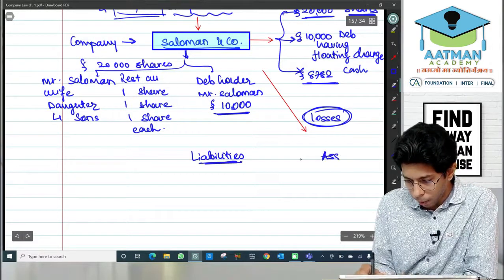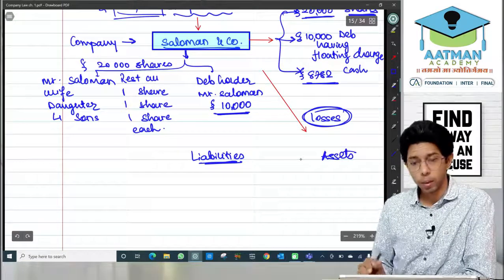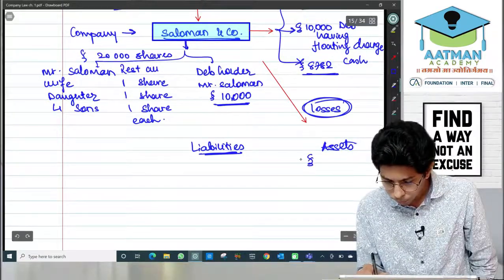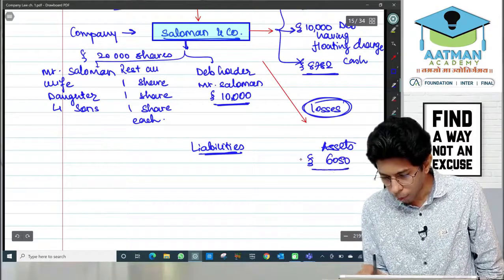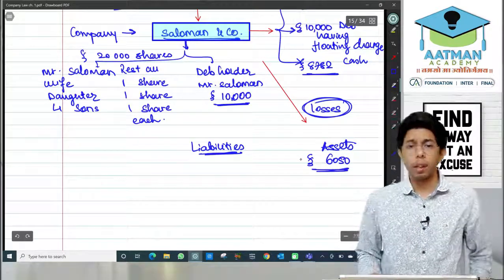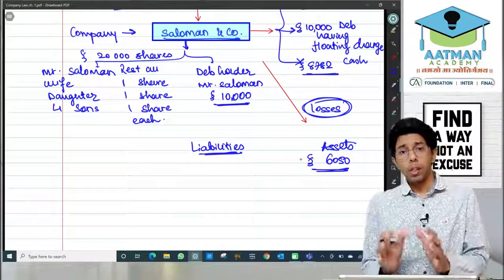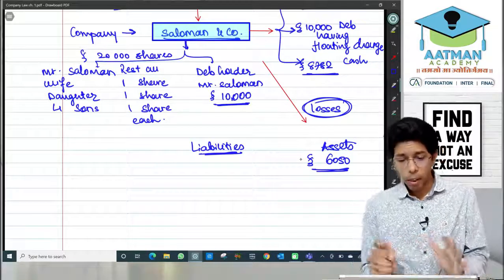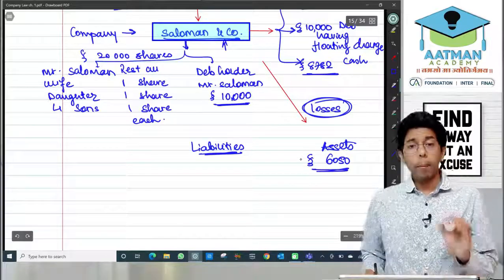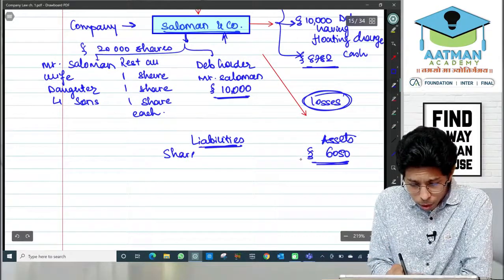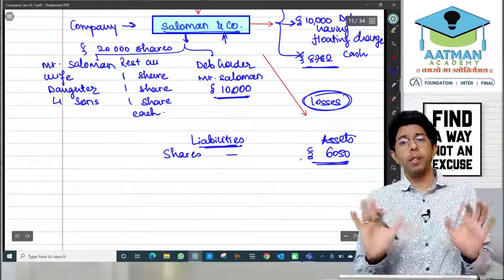If you compare the company's assets, due to heavy losses the company has assets of only pound 6050. Now apart from shares, we can forget the shares because their liability is limited to the shares.